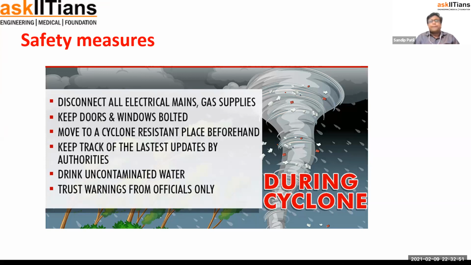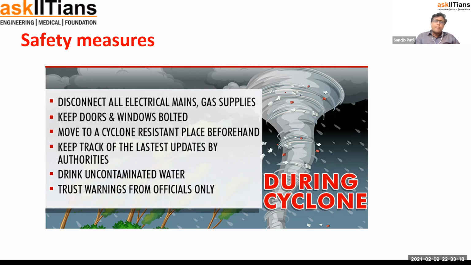So we don't want that. Then trust warnings from the officials only. Means what? Government news channels or government officials, obviously they are going to help. There will be a lot of jawans, armies from a nation, which are going to be ready to help us. So trust only their warning. Do not trust any rumors.